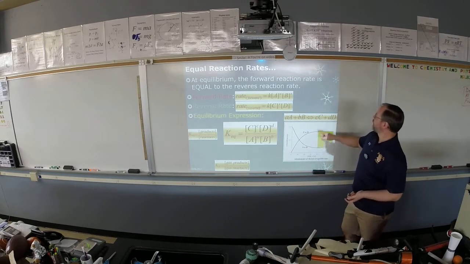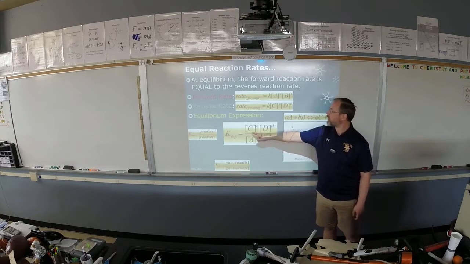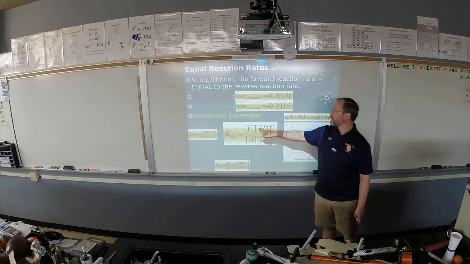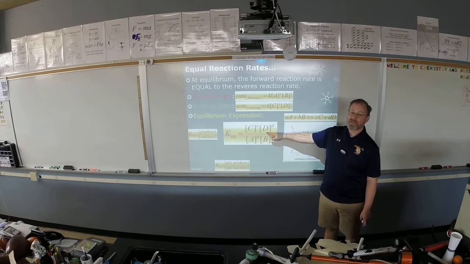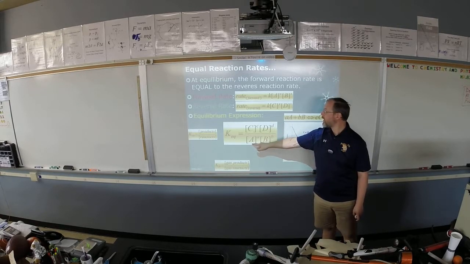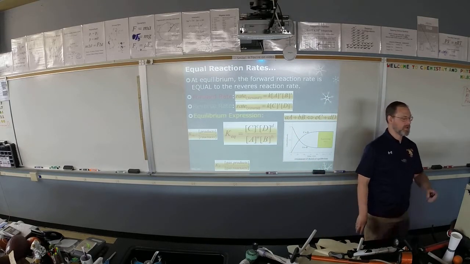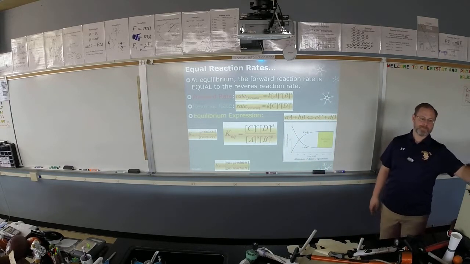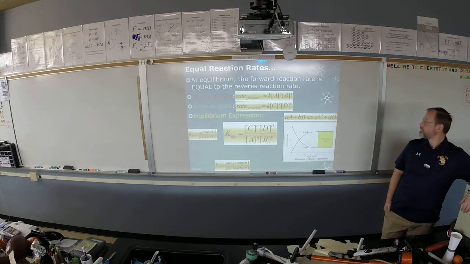So the products are C and D. The equilibrium expression is the concentration of C raised to its coefficient, multiplied by the concentration of D raised to its coefficient, over the concentration of A, the reactant, raised to its coefficient, and the concentration of B raised to its coefficient. Pretty handy, and pretty straightforward, too.